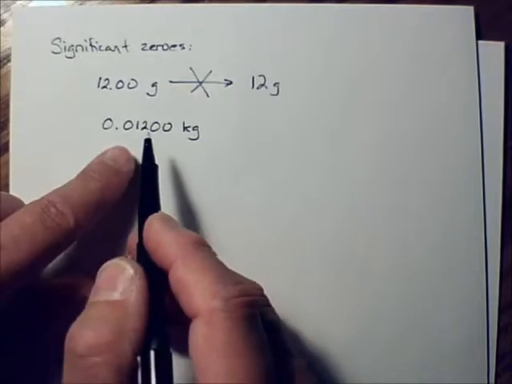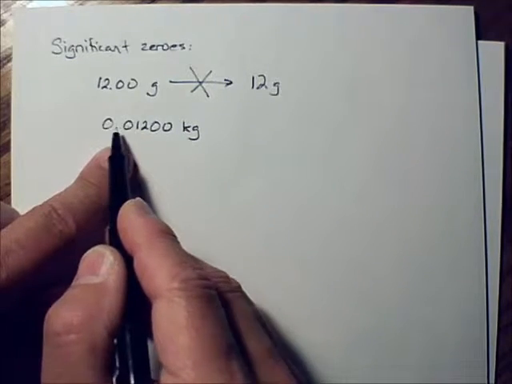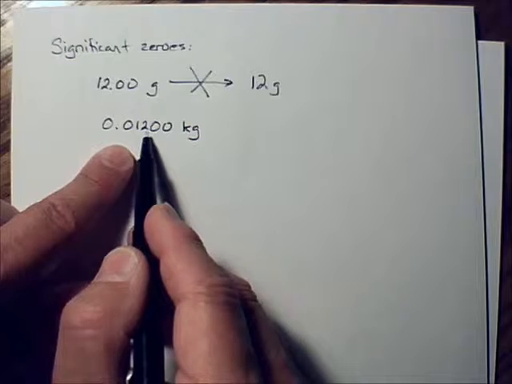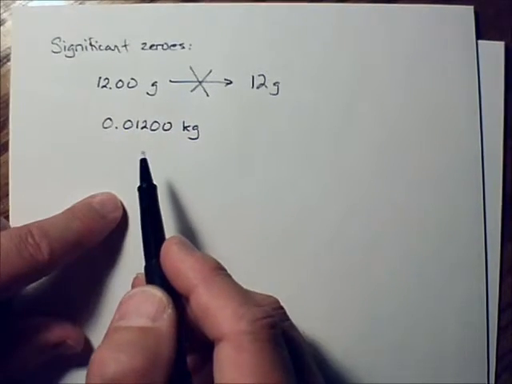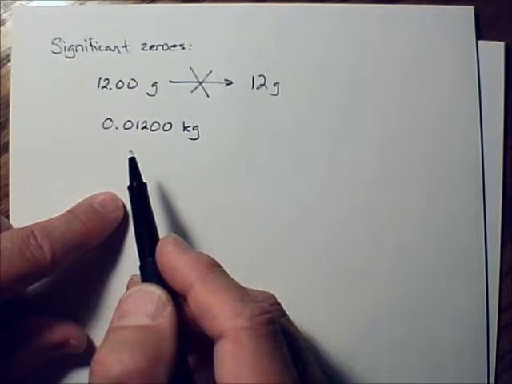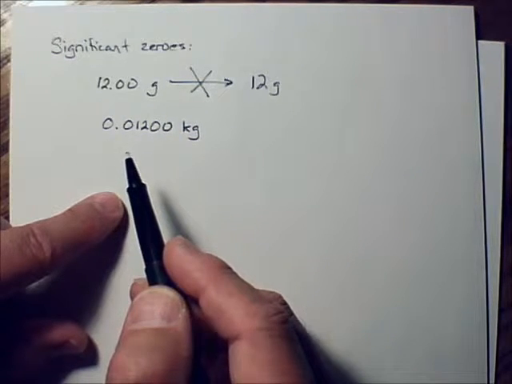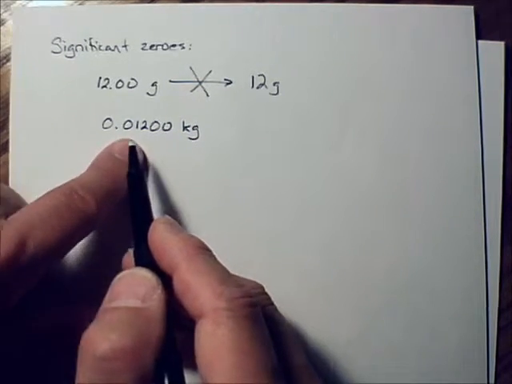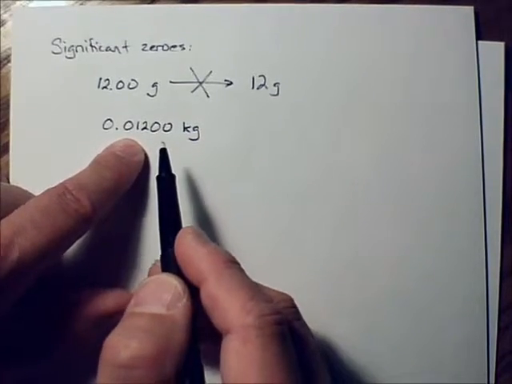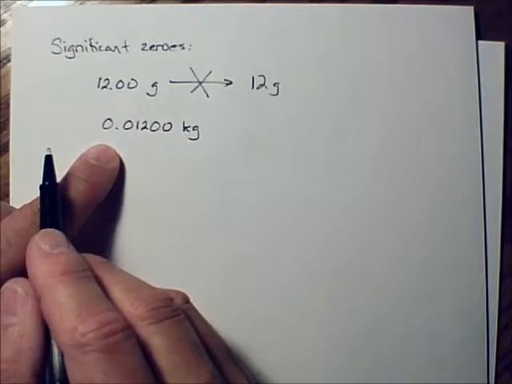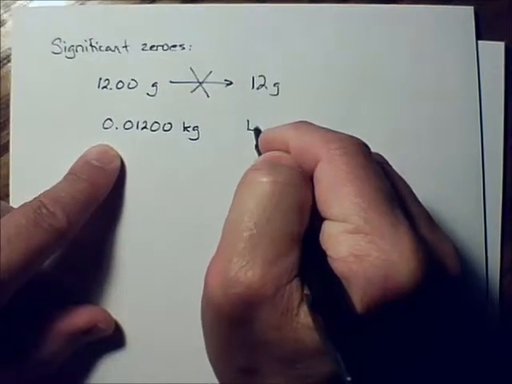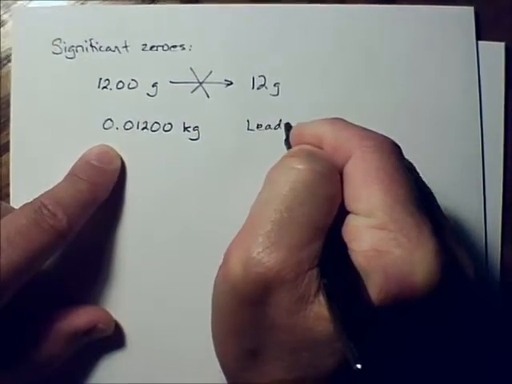But I put 2 extra zeros in the front here. Did I just make this number more significant than this one was? It's the same stuff. It's the same measurement. Did I make it more significant? So what I'm telling you about this example is these leading zeros are not significant.